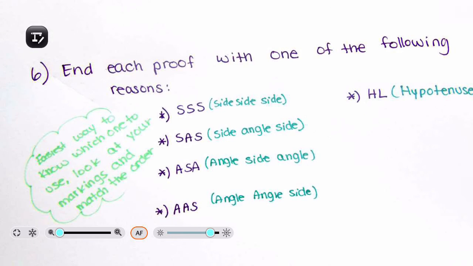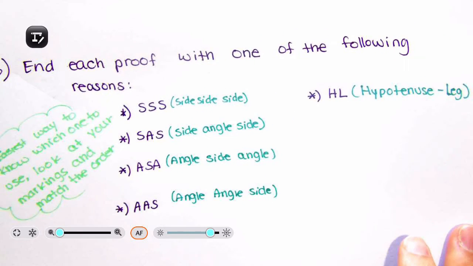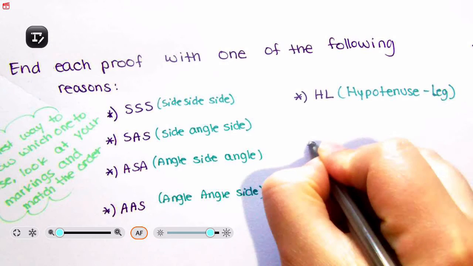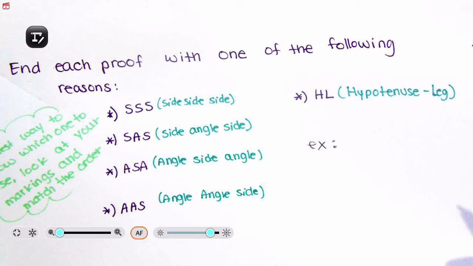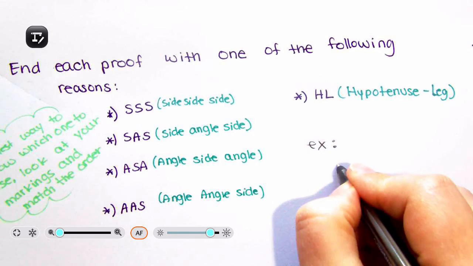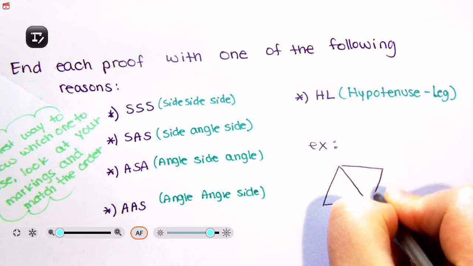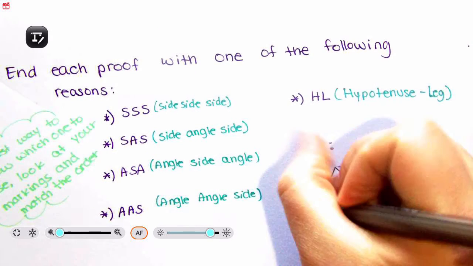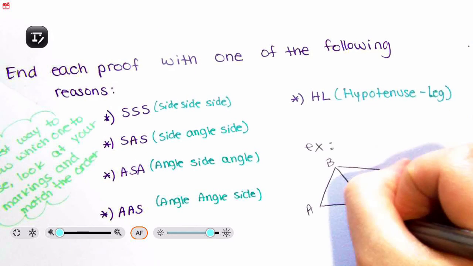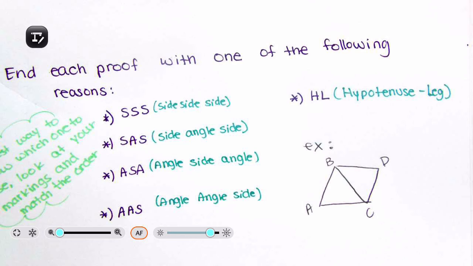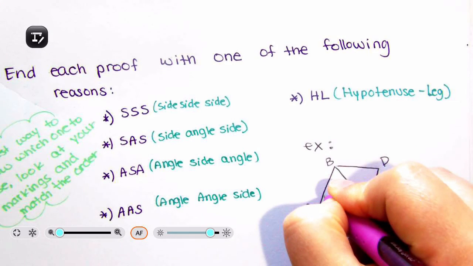So for example, again, here's an example. If you have two triangles, let's call this one A, B, C, D. And in the end, you get the following markings.